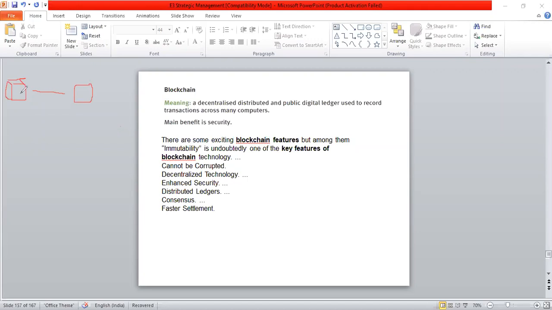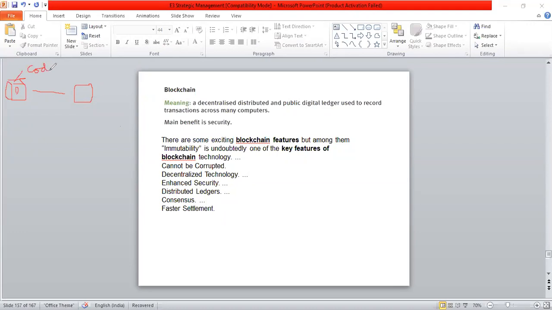If you consider it to be a block, on one facet, one side of the block, the data is stored. On another side, let's say some kind of code is there to protect the data, so it is blocked.